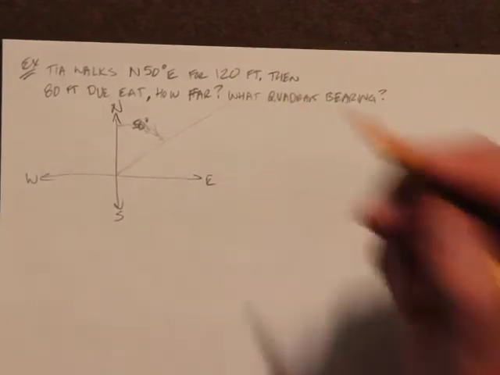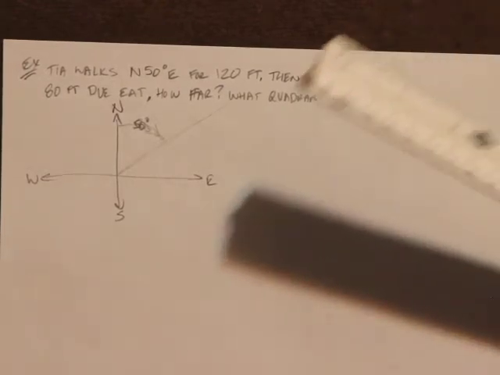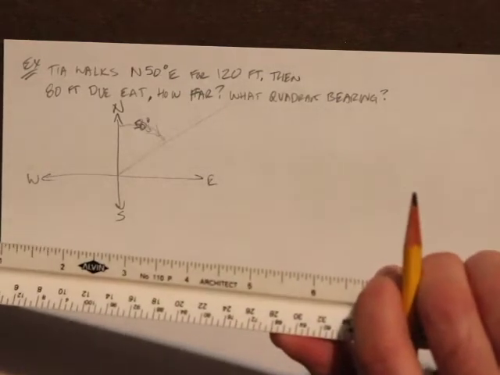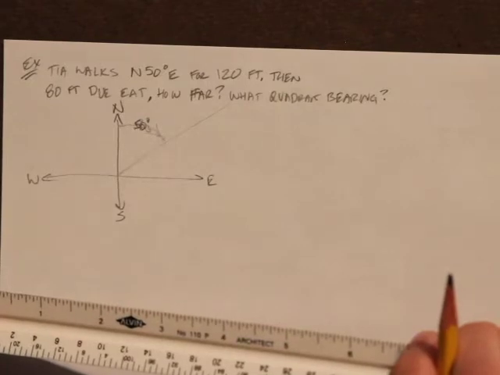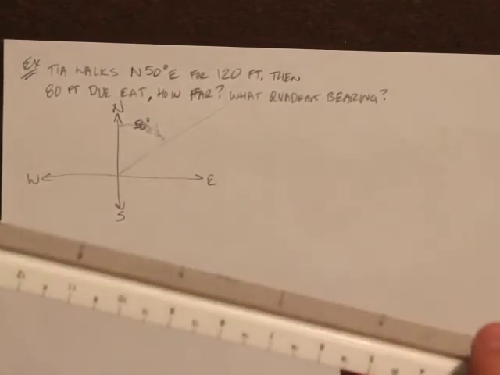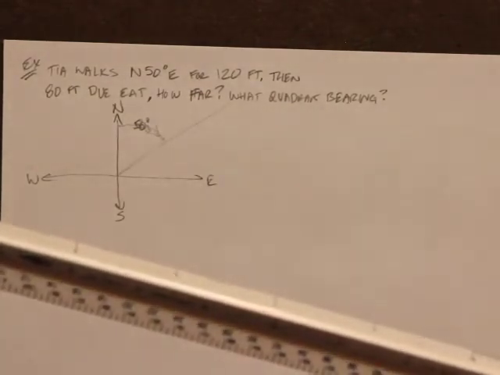So we have to decide what our scale is going to be. For 120 feet, let's do 1/8 of an inch. I should get a ruler with centimeters on it, so that it'll be easier.